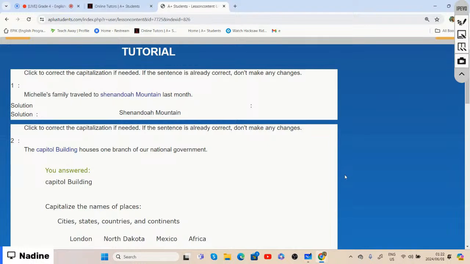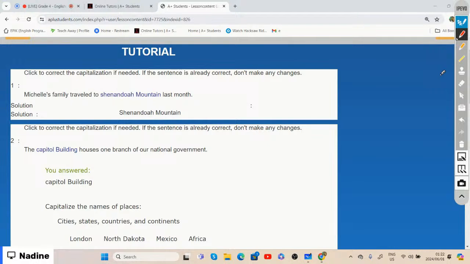All right. And if we were to select the geographical word or monument, then we would say Shenandoah Mountain. So the family traveled to Shenandoah Mountain.